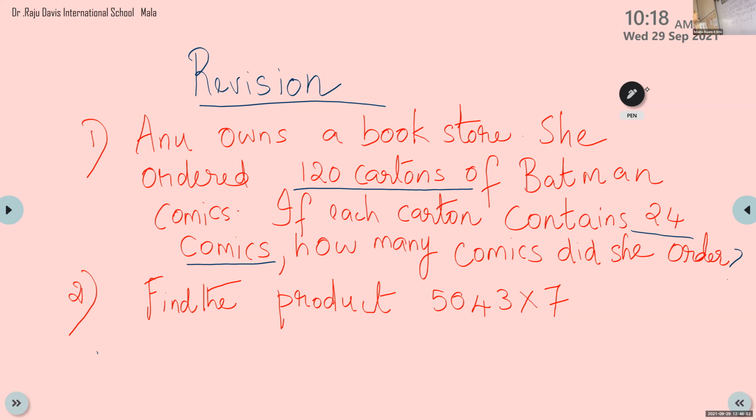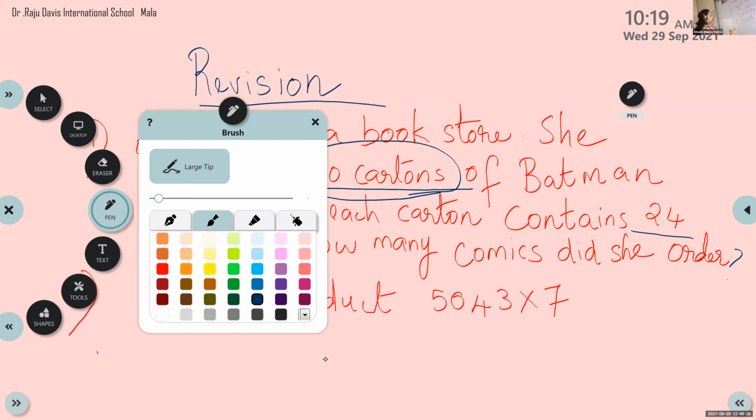So Anu owns a bookstore. She ordered 120 cartons of Batman comics. So what can be the first step? We will write how many. Tell me the step. Number of cartons. So 120. Yes, children, continue. I will write the step. You can continue the answers.